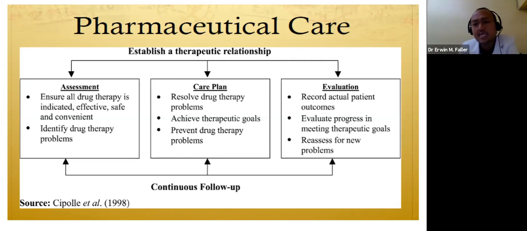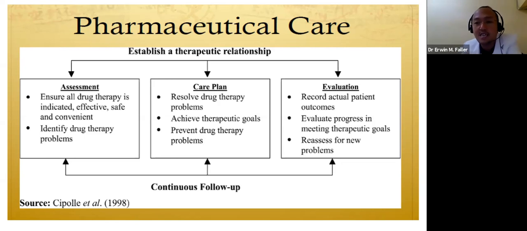In your assessment, you ensure that the drug therapy is indicated, effective, safe and convenient for your patient. So what assessments or information do you need in delivering a pharmaceutical care plan?